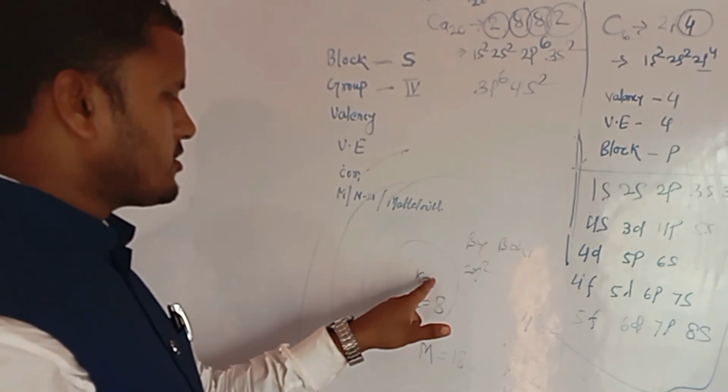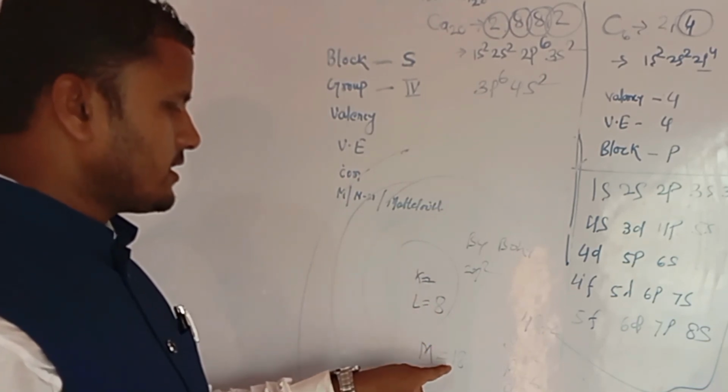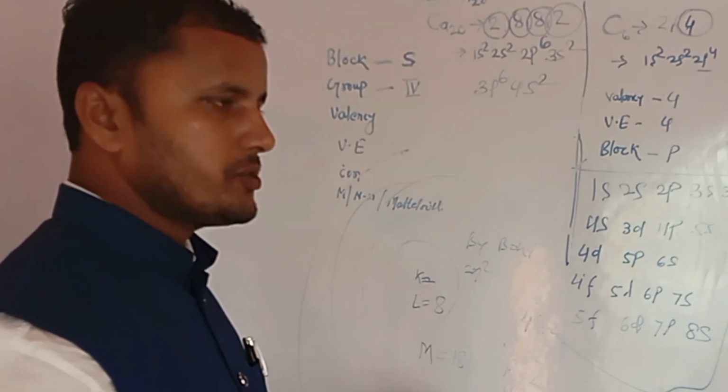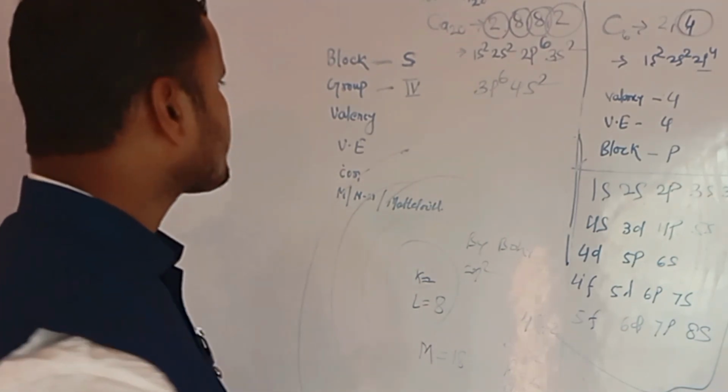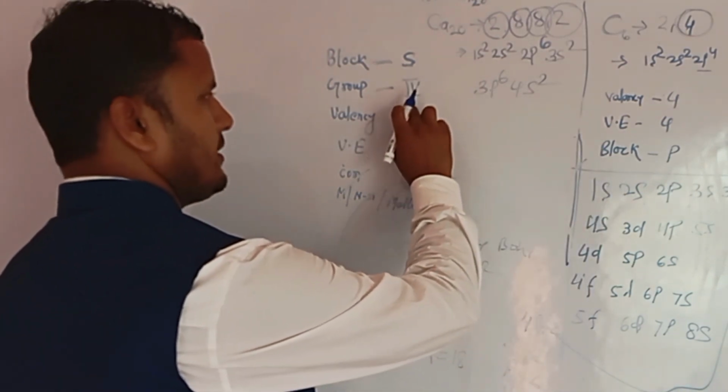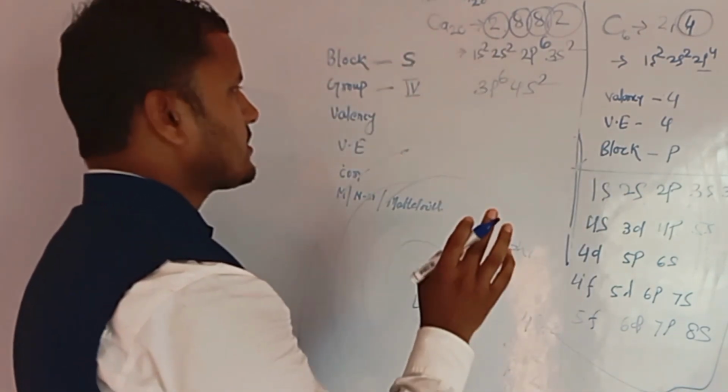In orbit one, 2; second, 8; third, 18; fourth, 32; fifth, 50. That's all. Then we can easily find the group of any element, no problem.